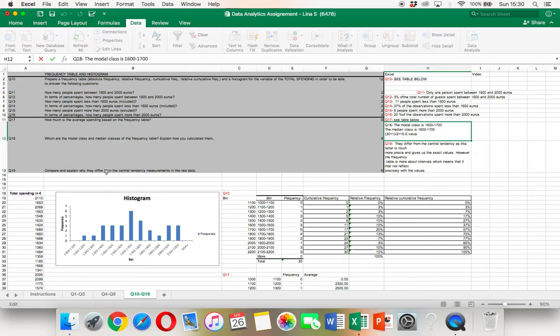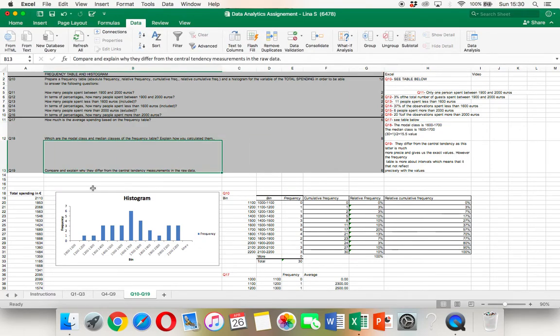Then we can go on to the next question, which is to compare and explain why they differ from the central tendency measurements in the raw data.